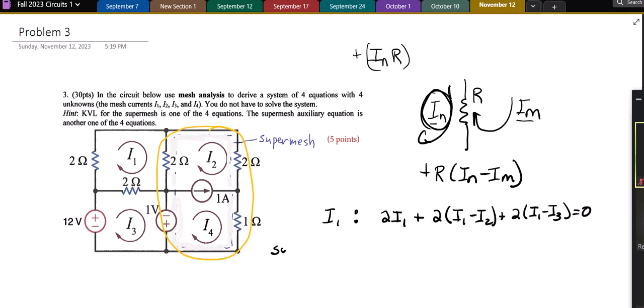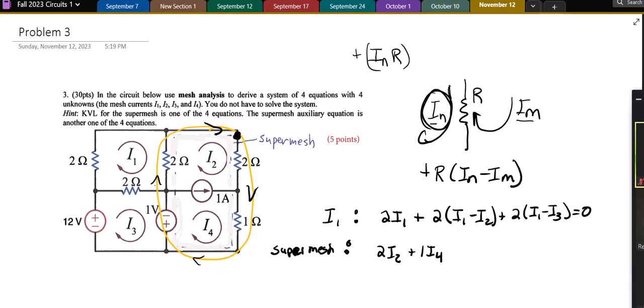Now I'll come to my super mesh, and I'm going to work my way around the outside of this super mesh. So I'll be going around this yellow that I drew here, and I'll start right here. Through this 2 ohm resistor, I have just I2, so that's 2I2. Then coming down through this 1 ohm resistor, I have just I4, so plus 1I4.